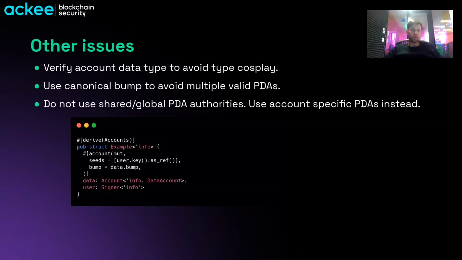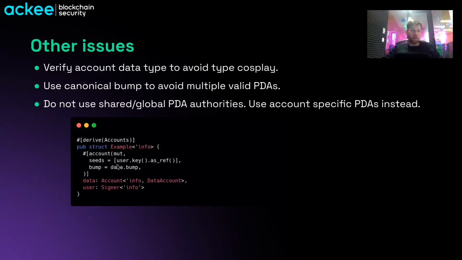And the way you can do it is that you should basically use Anchor in the standard way, so you will either leave the bump here empty, so Anchor will calculate it for you, and Anchor takes every time the canonical bump.